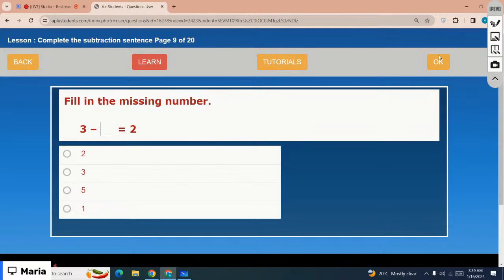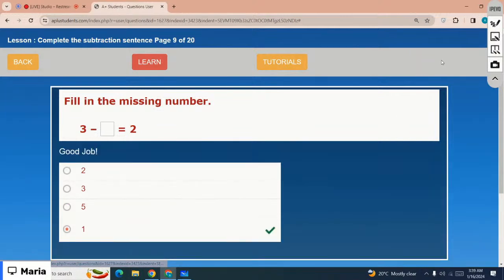Yes, that is 3 take away 1 equals 2, right? The correct option is 3 take away 1 equals 2. The correct option is 1.